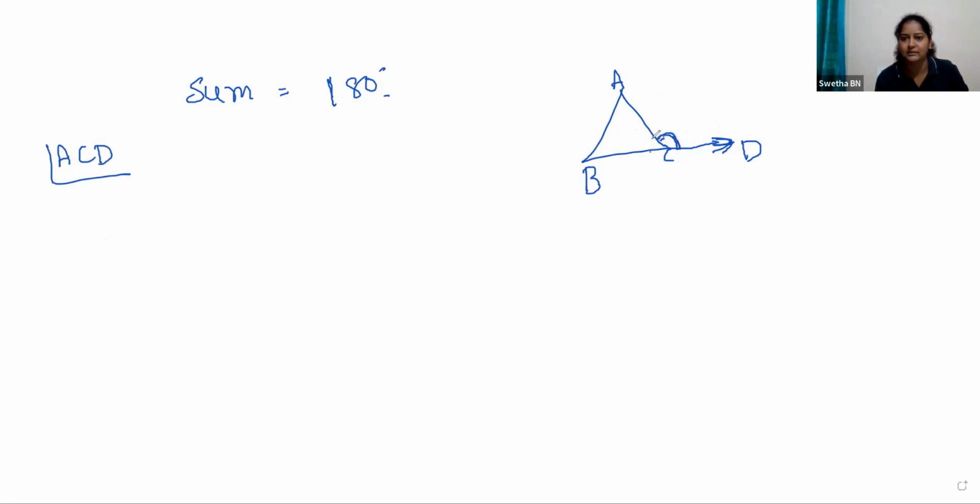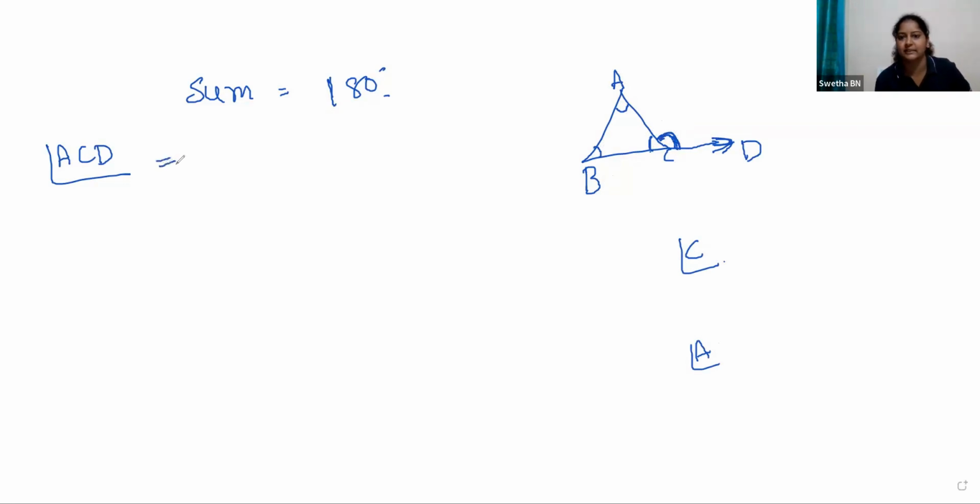This is one angle and this is another angle. You should not write only angle C. You can write angle A here because at point A there is only one angle. You can write angle B, but you cannot write angle C. While naming this, you should write along with the other 2 points, A, C, D.